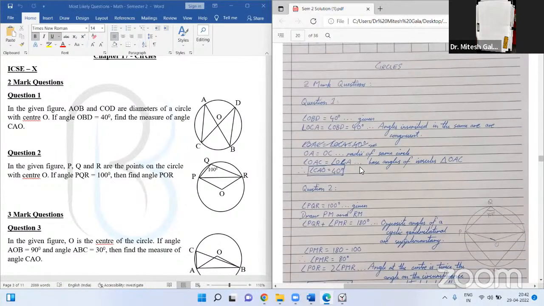Okay, let's look at the solution to the first one. So they say that AOD, COD are diameters and angle OBD is 40. If OBD is 40 and you need to find CAO, you take this triangle, say that it is isosceles, so both are 40, 40. And then find the third angle.